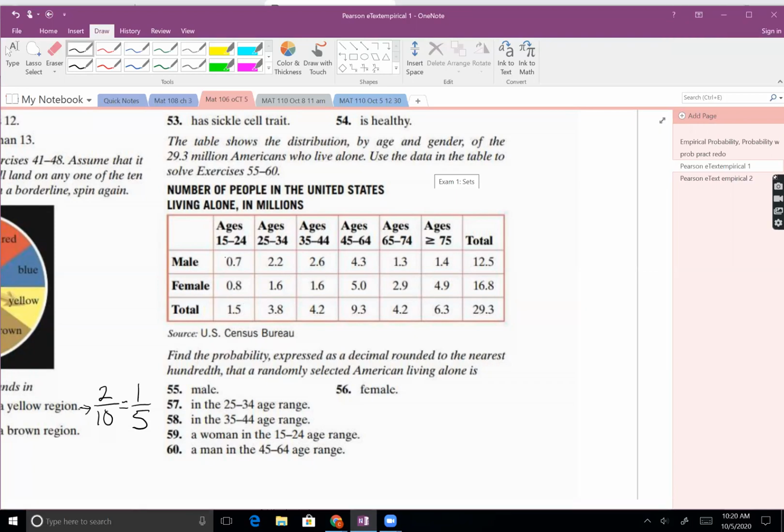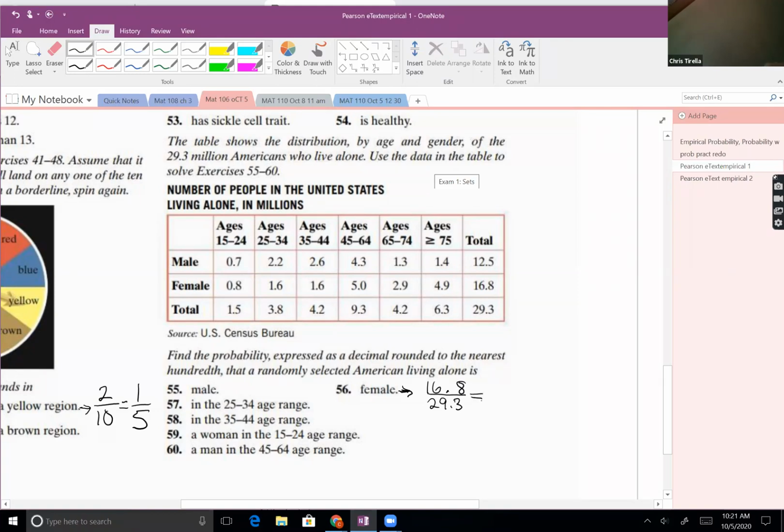What's the probability that I have a female? Well, the total in the table is 29.3 million. The total number of females is 16.8.